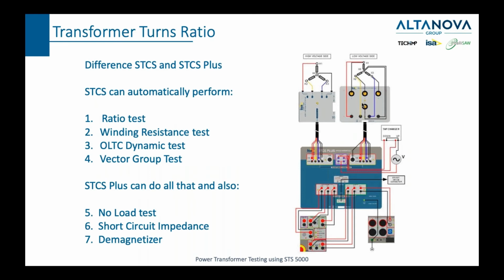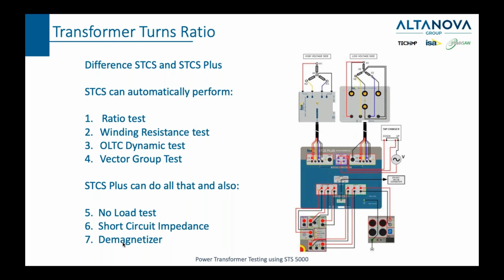STCS can automatically perform ratio test, winding resistance test, on-load tap changer dynamic test, and vector group test. These are the tests you can do with STCS. With STCS Plus, you can do all this and no load test, short circuit impedance, and important, we have a built-in demagnetizer.